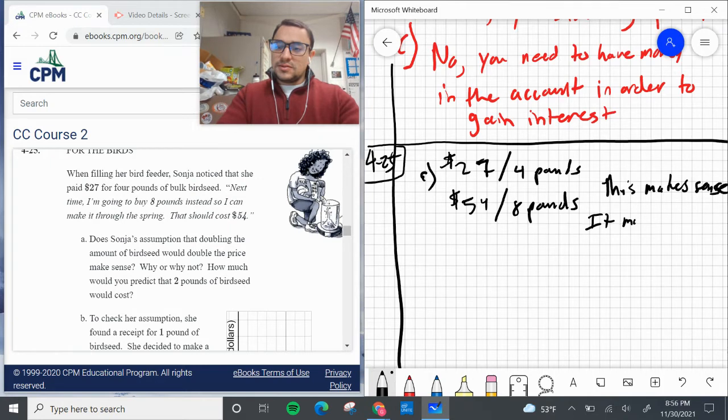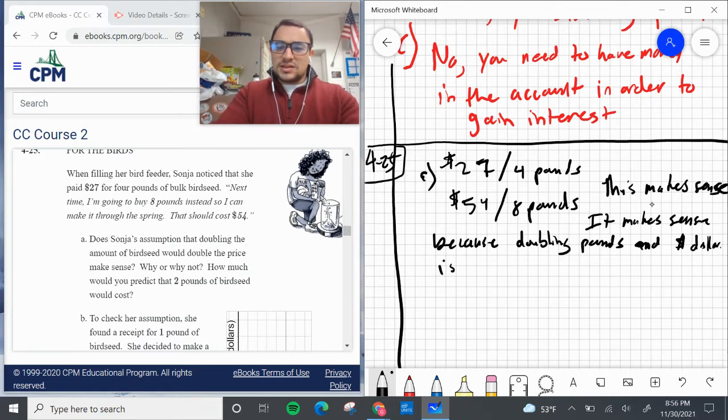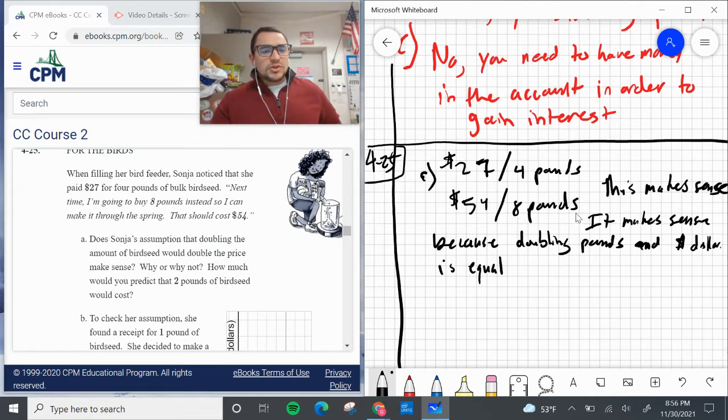So it makes sense because doubling pounds and dollars, I should just write dollars, is equal.